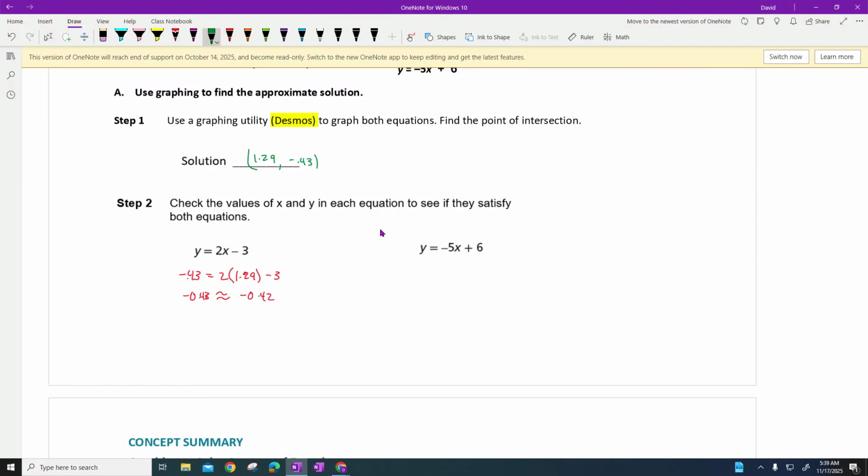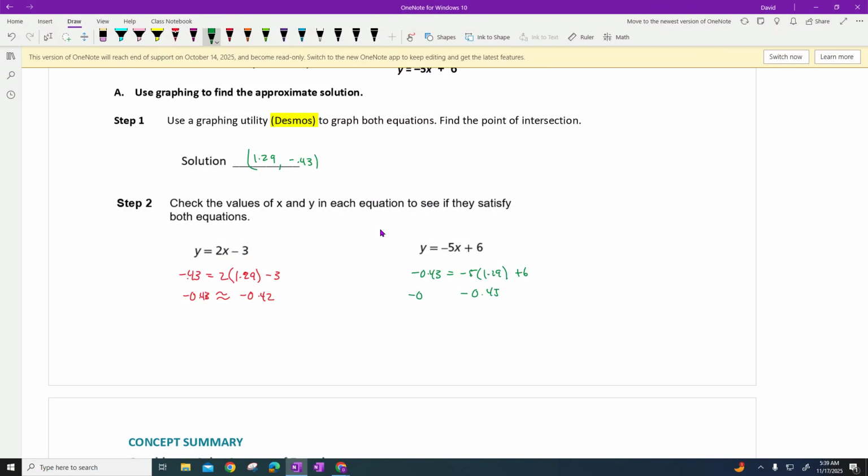All right, let's go check it on this one over here. Negative 0.43 was my Y. 1.29 was my X. All right, let's check that out. And then if I add 6 to that, I get a negative 0.45.